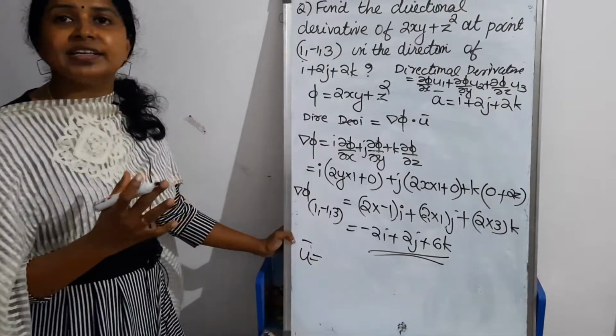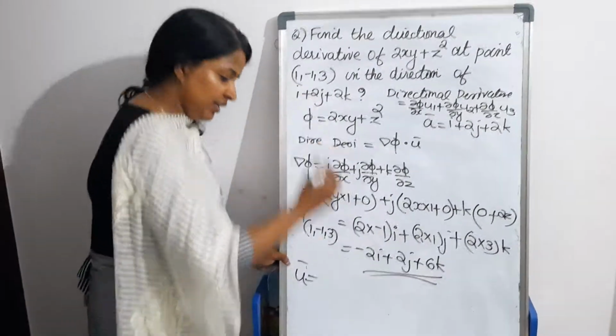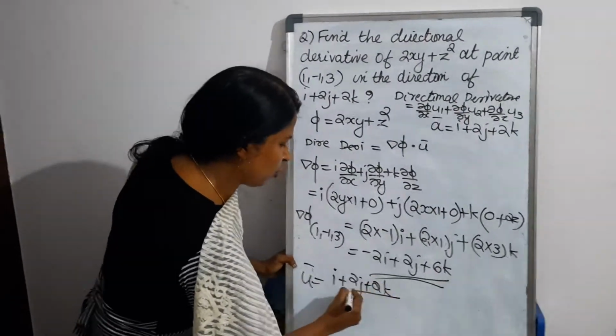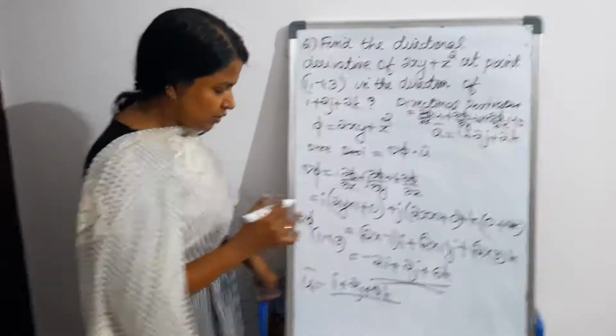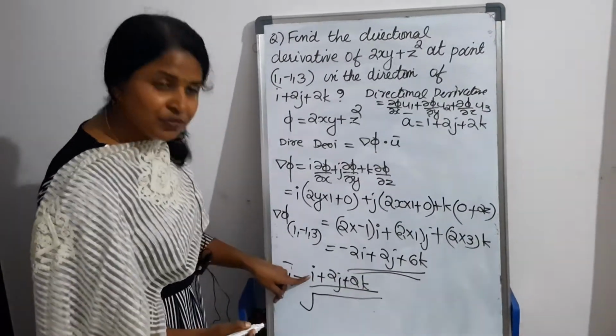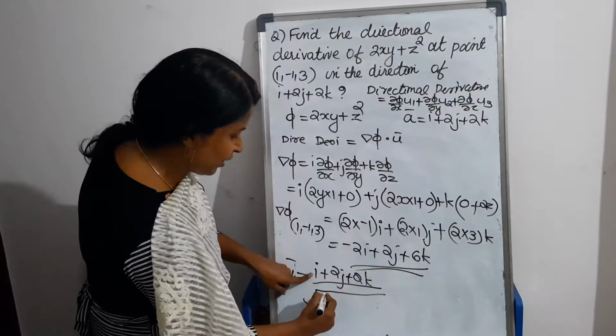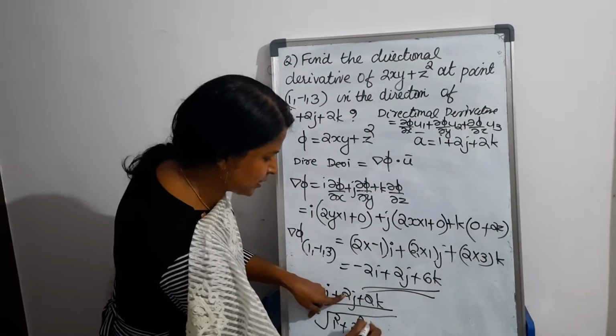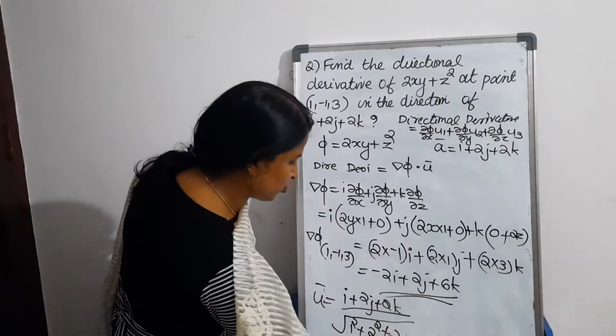Then the unit vector. What is the unit vector? Vector divided by modulus of the vector is the unit vector. So vector divided by modulus of this vector. What is the coefficient of i? It's 1, 1 square, plus coefficient of j, 2, 2 square, plus coefficient of k is 2, 2 square.